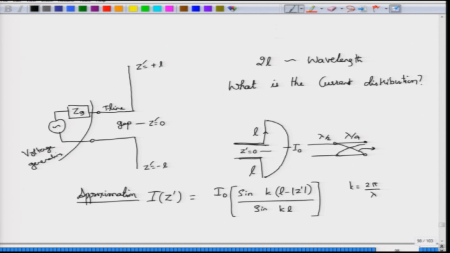I will minimize the mathematics here and leave most of it as an exercise for you, but I will give you the expression for the electric field and tell you a couple of approximations that we are going to make, because those approximations are necessary to obtain tractable analytical expressions. Otherwise, the mathematics becomes very tedious and will be very difficult for us to look at in this short course.